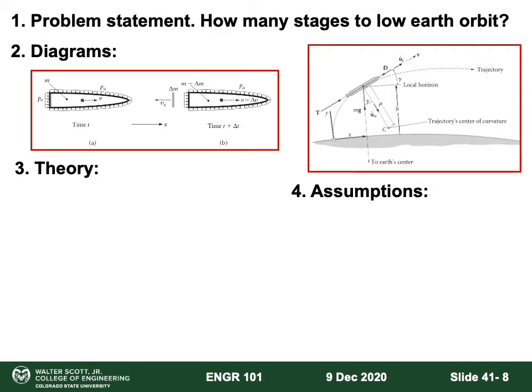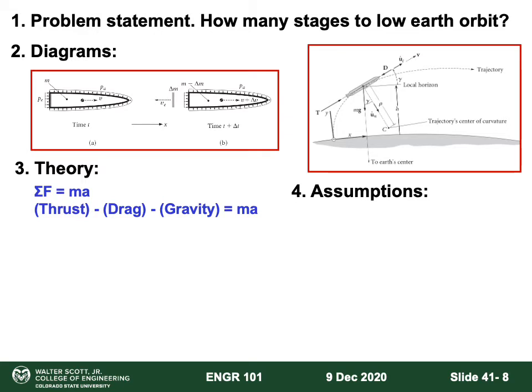So you've seen these two diagrams already, but we're going to be looking a lot more at the diagram on the left, and we'll also be talking a lot more about the relevant theory. So let's get started with that theory. Dynamics says the sum of the forces equals mass times acceleration.